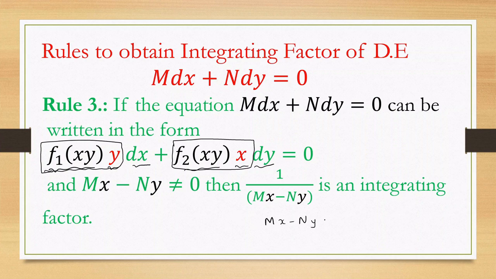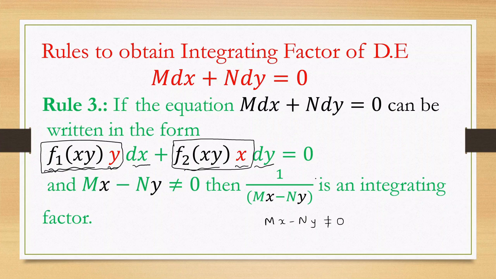Mx minus Ny is not equal to 0. Okay, please don't get confused here. This is M into x, not the partial derivative of M with respect to x and the partial derivative of N with respect to y. Here it is M into x minus N into y.